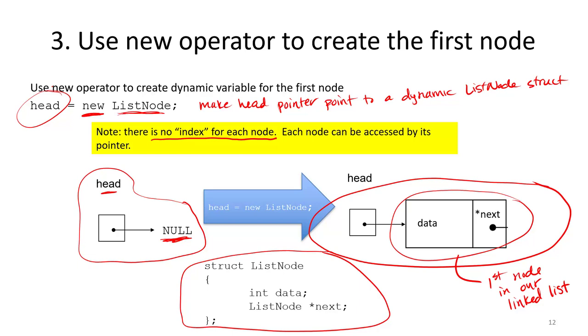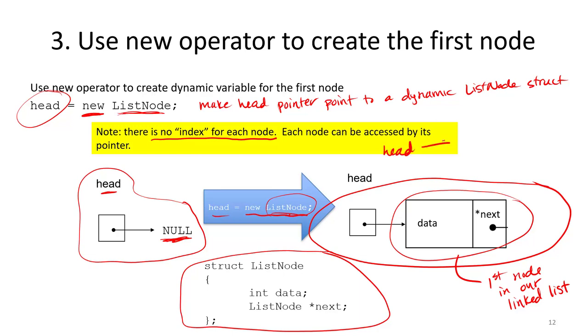And this is a general theme that you're going to see with linked lists, is that the only way to access the data in our linked list is by using pointers. So we write the code head = new listNode. That is going to create a new listNode struct in dynamic memory and make head point to that memory address. Notice how we drew pictures here.